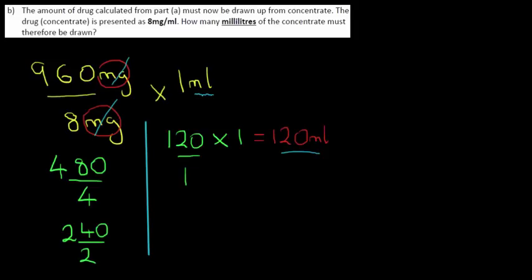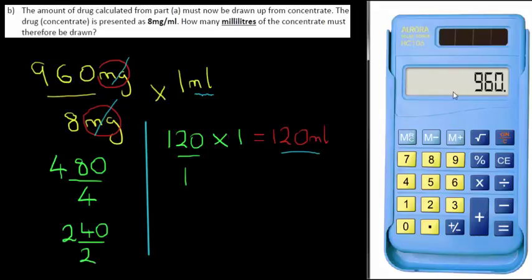Reminding ourselves of part B, that 960 had to be drawn up from a concentrate which was presented in the stock as 8 milligrams per mil. So again, using the calculator and just running through that top version, because we can see our units are the same, we have 960 divided by 8 times by 1, and you can see the answer is indeed 120 milliliters.